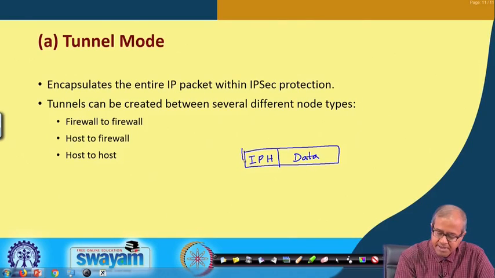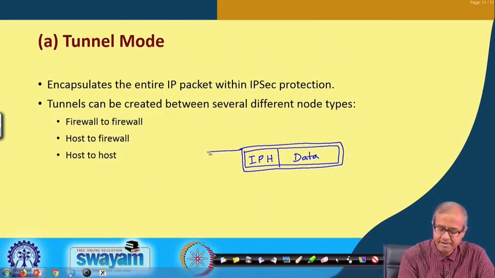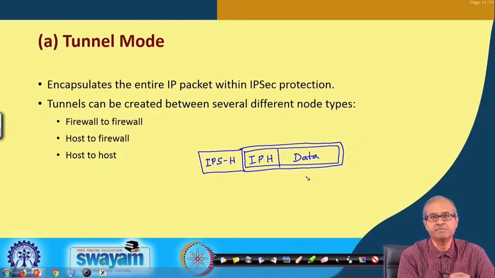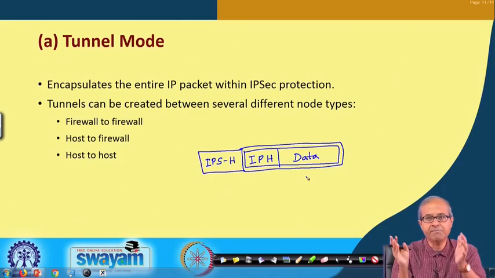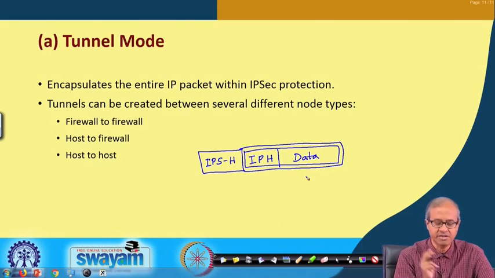Now, this entire thing is considered as data, and you add an IPsec header to it. This is the concept of tunneling. You are not taking out the header; the entire IP packet is put inside a higher level IPsec packet and sent to the other side using whatever encryption mechanism you are using.